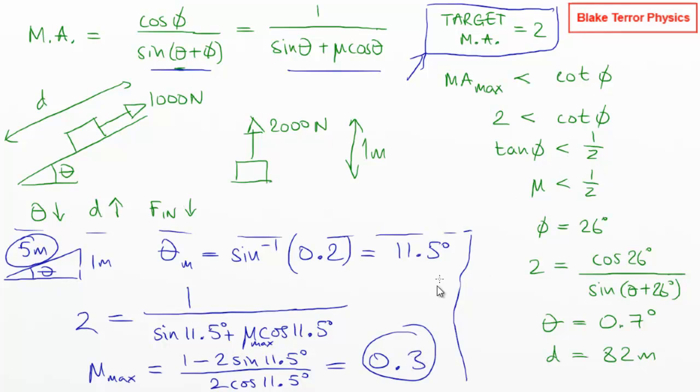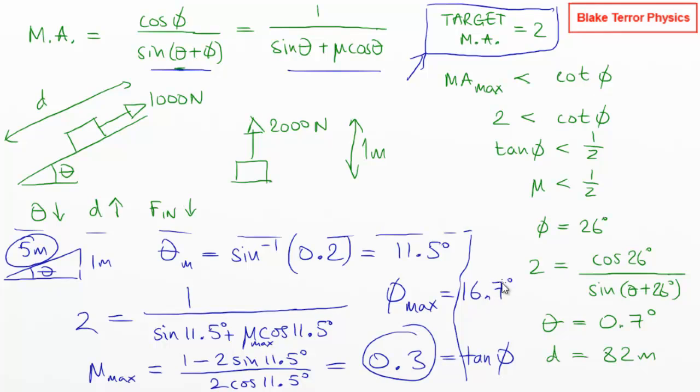We can then turn this into our angle of repose, because we know that is tan of the angle of repose. So we can say inverse tan of 0.3. We've now got 16.7 degrees. So our maximum angle of repose is 16.7 degrees.